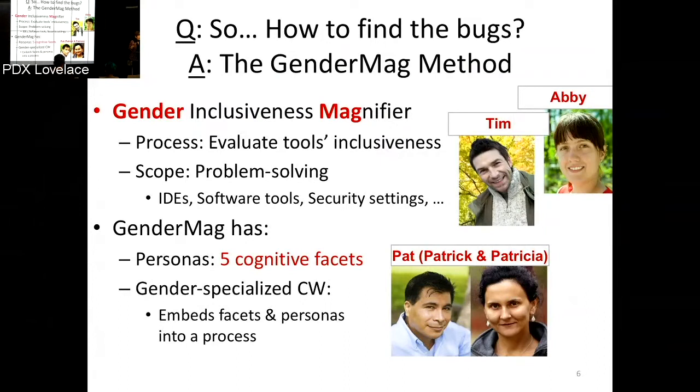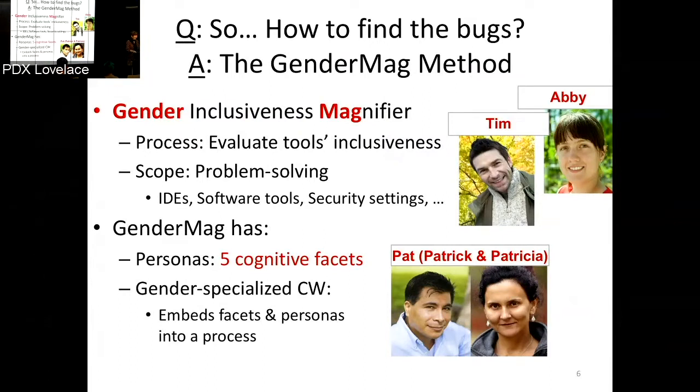So anytime your software involves some sort of problem solving in which the user is scratching their head trying to figure something out, that's the right setup for GenderMag. At some point, we thought it was only for problem solving software, like debugging tools and requirements tracing and decision support and data visualization systems.